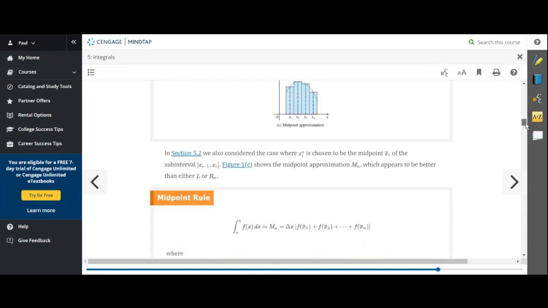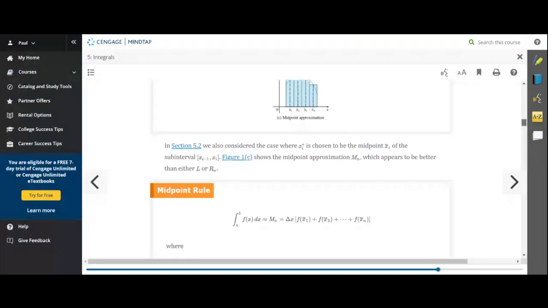Okay, and you know, we have these general formulas. So the midpoint rule, M sub n, is equal to delta x, which is the length of each subinterval. Each subinterval is going to have the same length. Delta x times the sum of the function values evaluated at each midpoint.